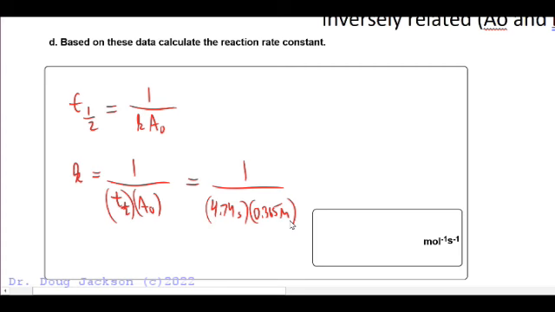And we're going to divide that out. So I'm just going to say here 1 divided by 4.74 divided by, again, 0.365 gives us 0.578, excuse me, 0.578 inverse molarity and inverse seconds. So that should be a capital M there. Molarity to the minus 1, seconds to the minus 1, to 3 significant figures.